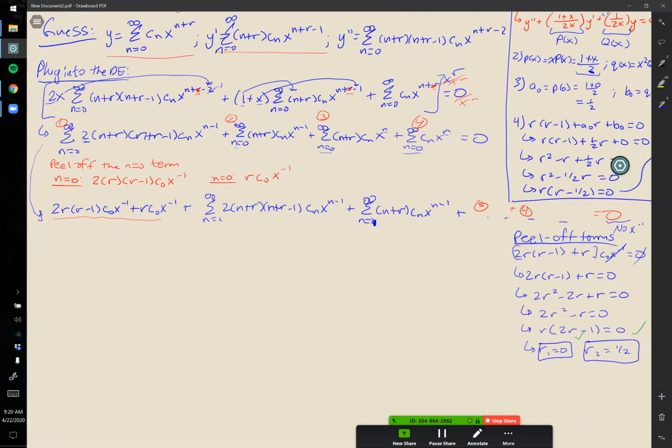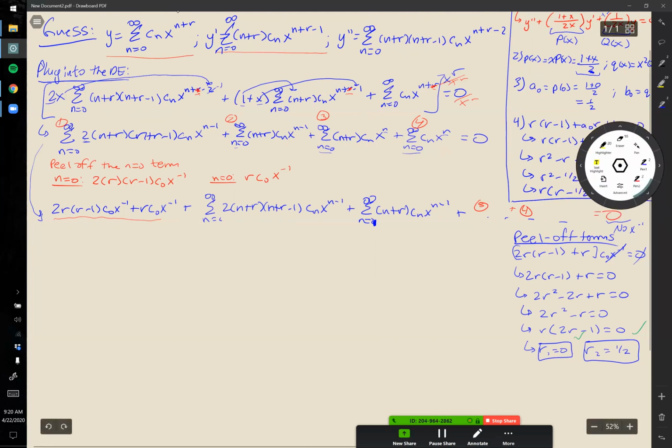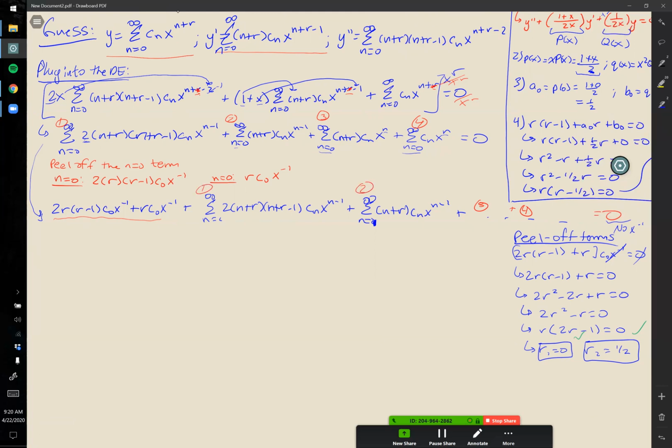Now let's work on the recurrence relation. The recurrence relation will take from the series that we have now. This is series 1, this is series 2, so let's work on series 1 and 2. Series 3 and 4 already start at 0 and have x to the n. These two don't have x to the n, but because they start at 1 now, I can go down 1 in index, so up 1 in the formula.